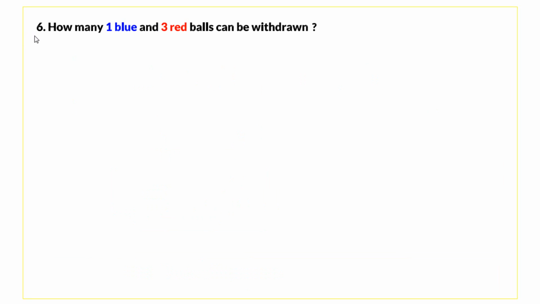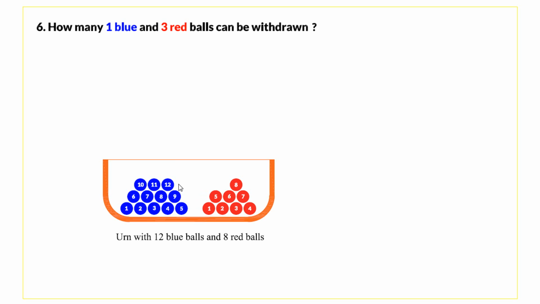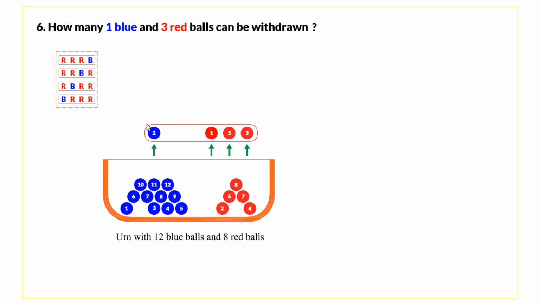Question number 6. How many 1 blue and 3 red balls can be withdrawn? So that's exactly as we did before. So we pick 1 blue and 3 red in order to compose one element of 1 blue and 3 reds. So number of ways to pick 1 blue is 12 combined 1.